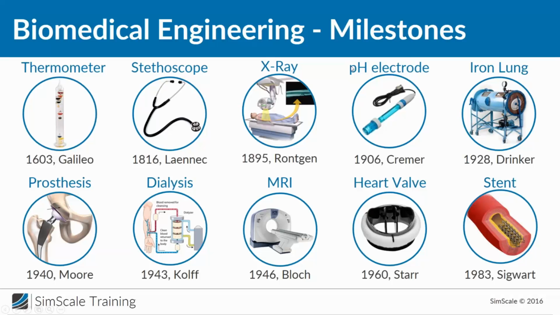X-ray is a good example of a device which is used by physicians, and a prosthesis is a good example of a device which is used in the body of a person.